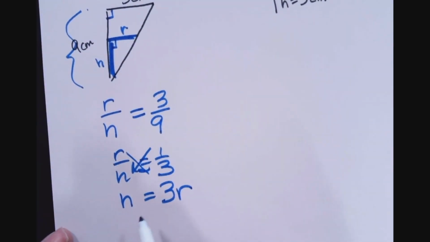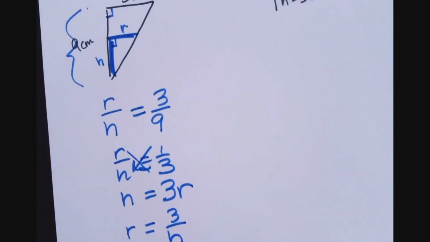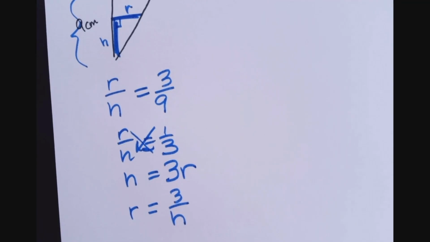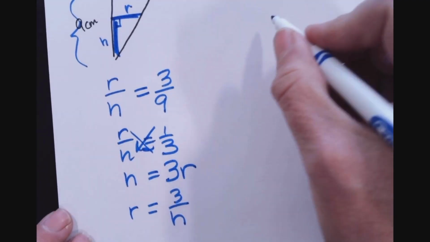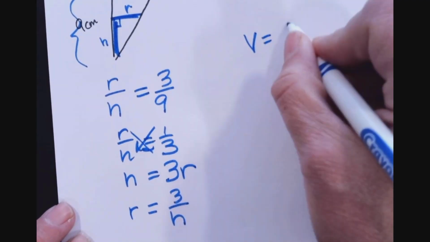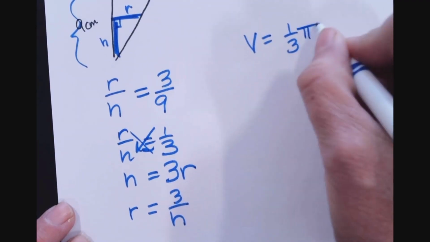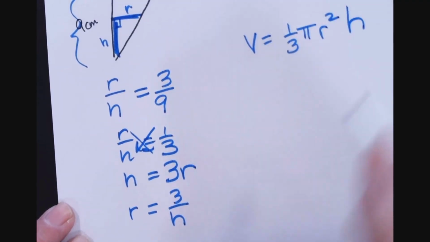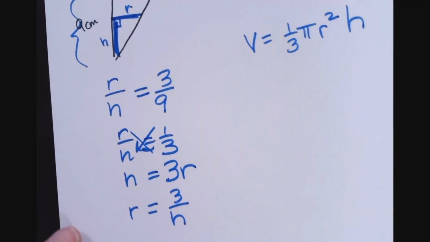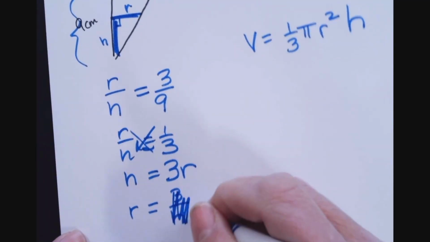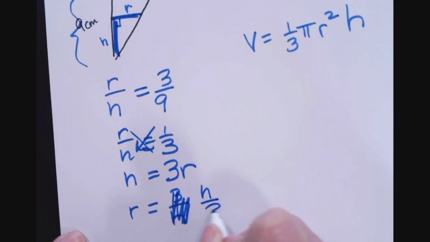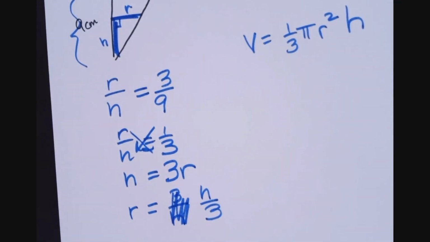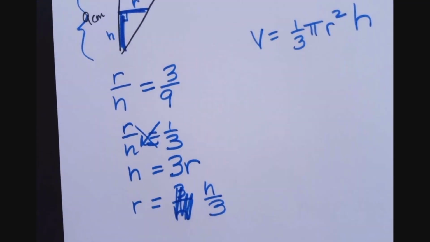I could divide both sides by 3. The radius would equal H over 3. I'm going to look at the volume formula, volume equals 1/3 pi R squared H.